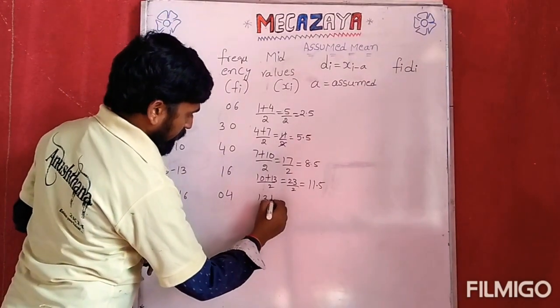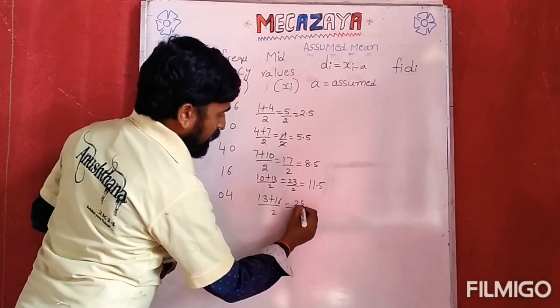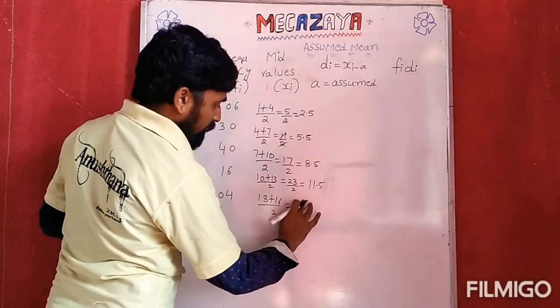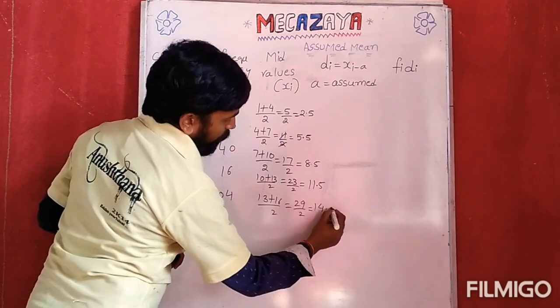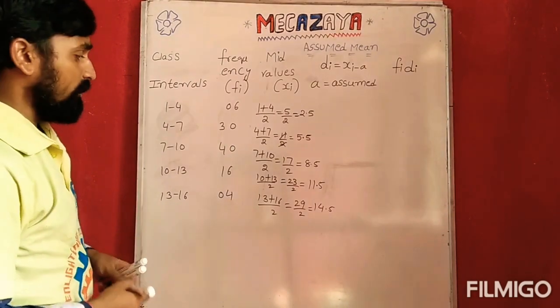Next 13 plus 16 by 2, 29 by 2, adding 3 gives 14.5. So the last mid value is 14.5.